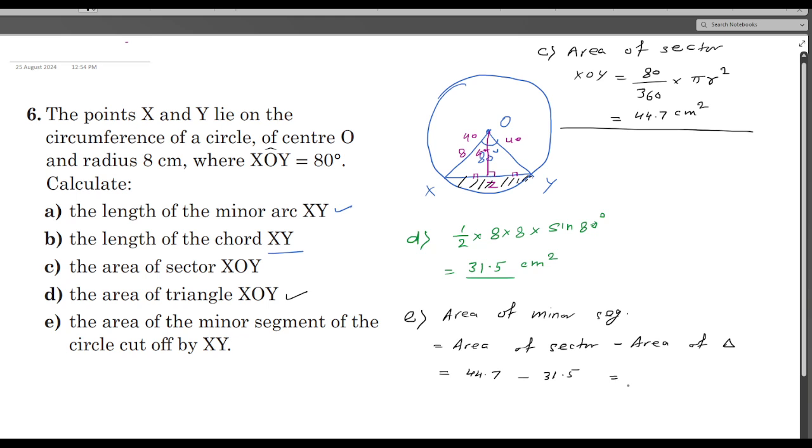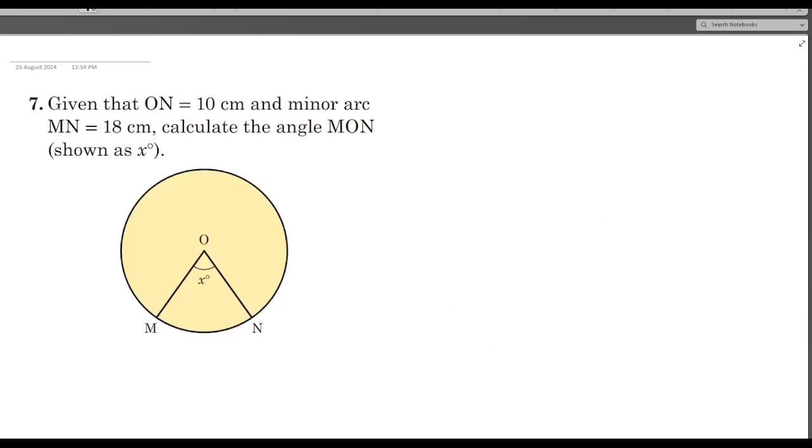So your result is 44.7 minus 31.5, which is 13.2. So its unit will be centimeter square. This is your question number 6.